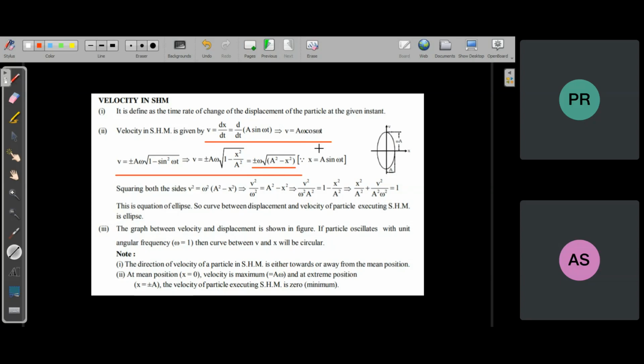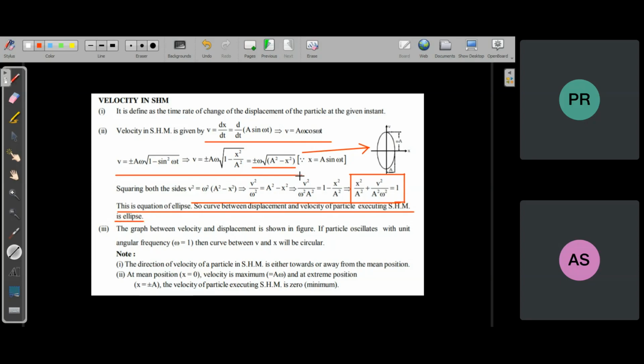You can also plot this equation in a graph. You will get this graph, an elliptical graph, because you can rearrange this equation and it will come as the equation of an ellipse. See, this is the equation of an ellipse. So the curve between displacement and the velocity of a particle executing SHM is an ellipse.